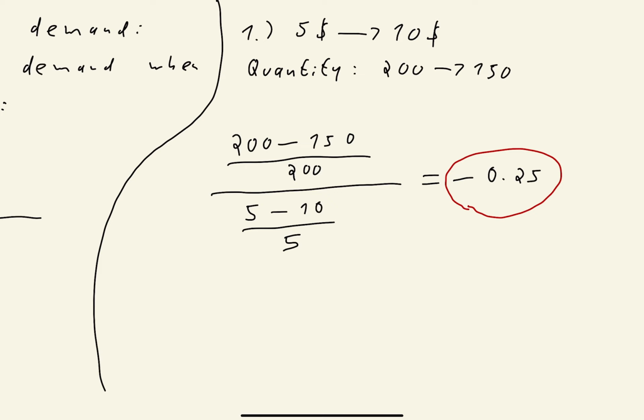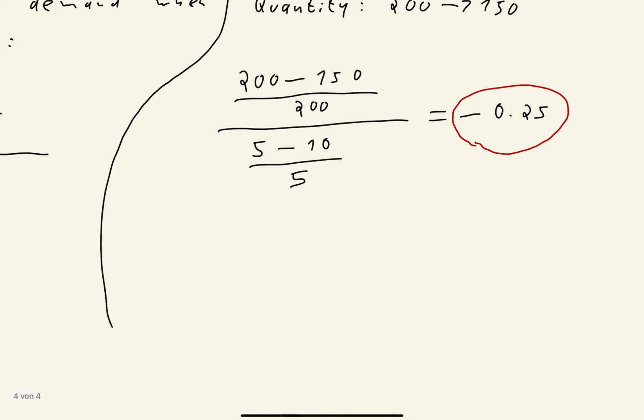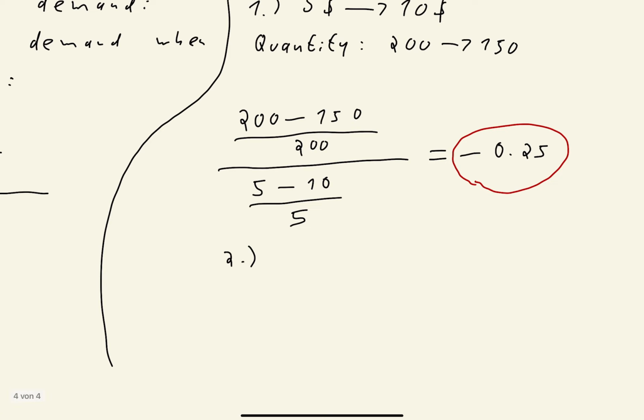In the second step, we have the situation where the price is going from $10 to $15. In this situation, the quantity goes from 150 to 100.